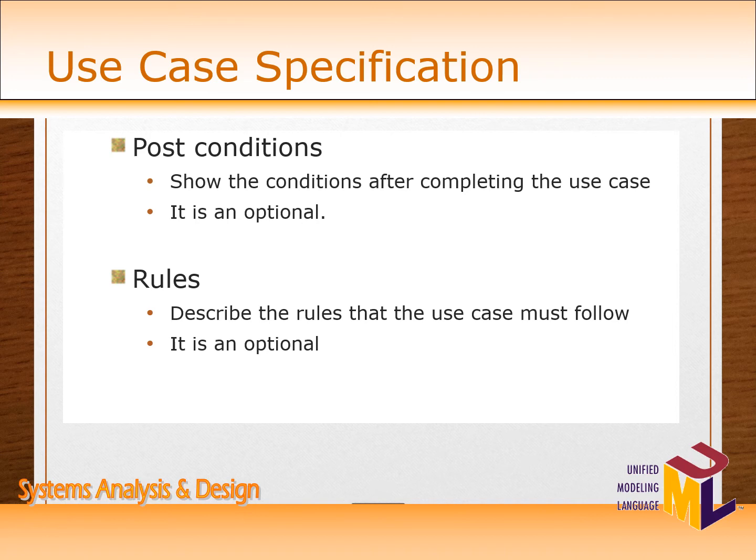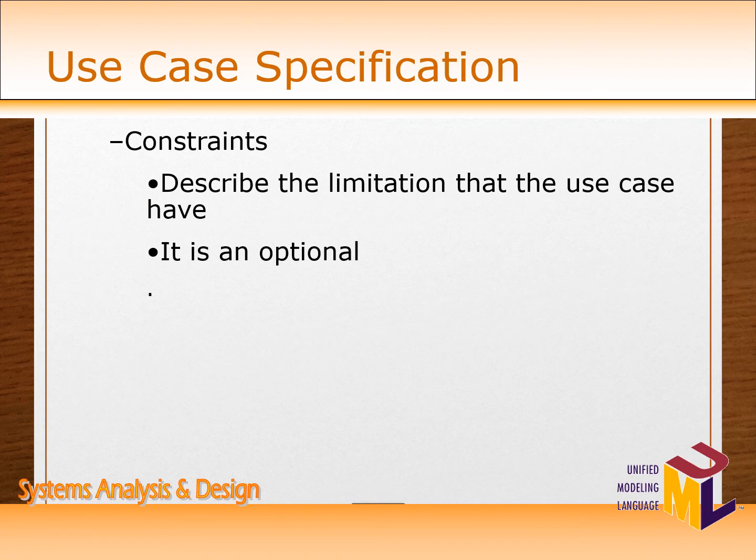Post condition shows the condition after the use case is completed, more like the output. Maybe the database is updated, or the user is generated an ID, something like that, or any rules to be followed for that particular use case. And also constraint, any limitation in handling the use case.